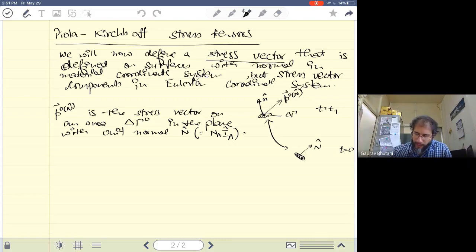In the reference configuration, the area is delta gamma naught. So p naught N hat is a stress vector on an area delta gamma naught, in the plane which has a unit normal N hat. Now you can write N hat in terms of its three components, N_A I_A hat, where I1 hat, I2 hat, and I3 hat are the coordinate axes in the Lagrangian coordinate system.